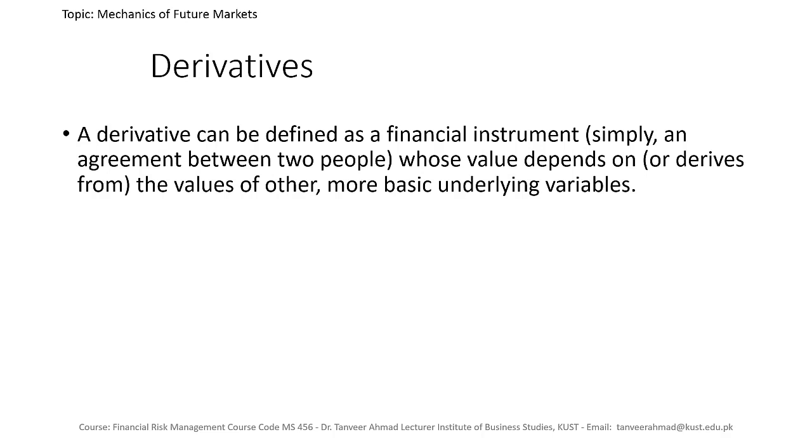The bond seller has agreed to pay a fixed amount of interest for a specific time period and the principal amount on maturity, whereas the bond holder has agreed to pay the principal amount for a specific time period. So it's an agreement.